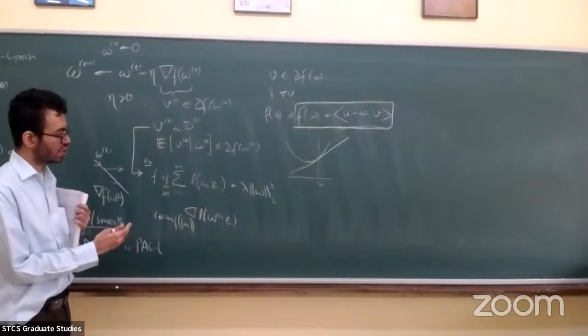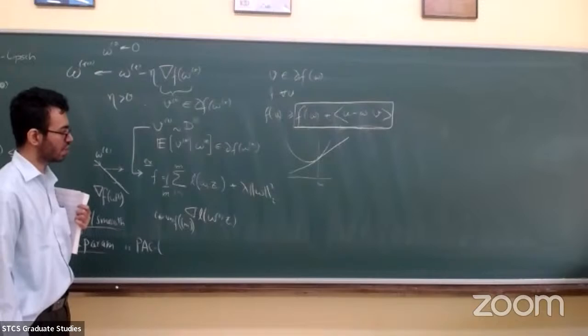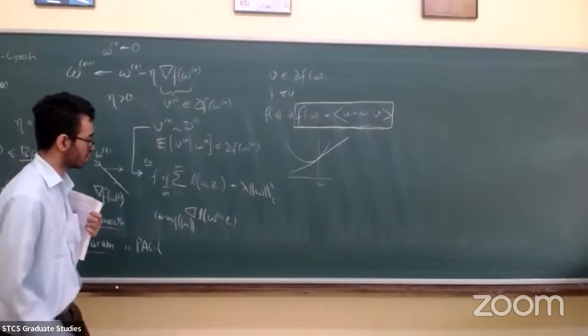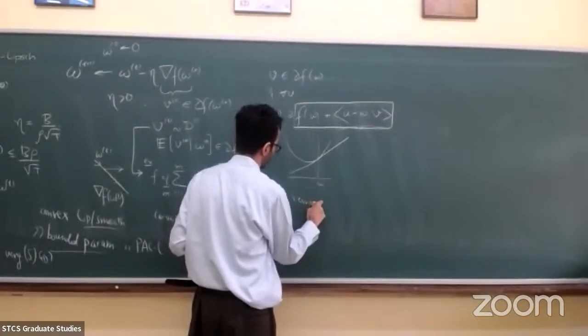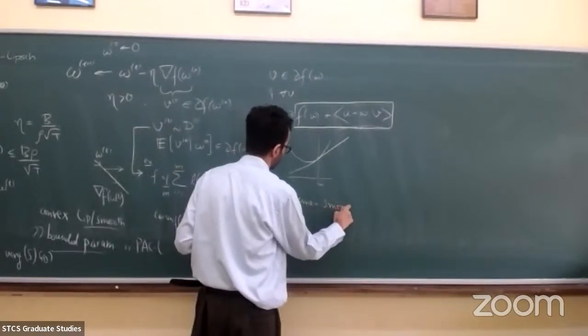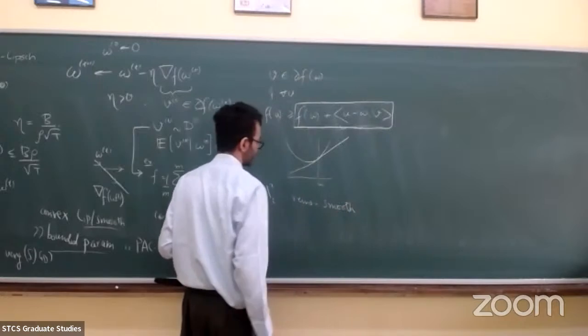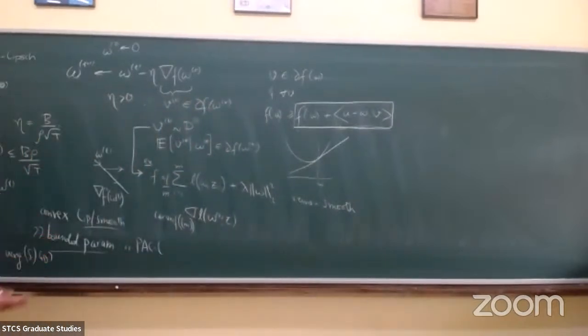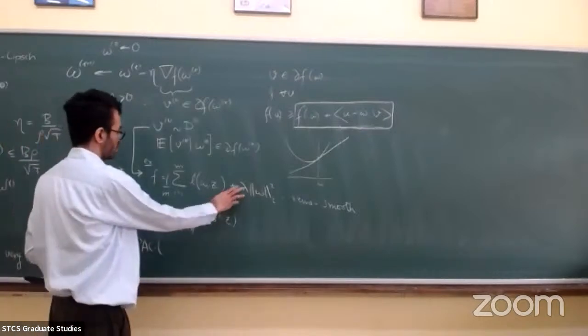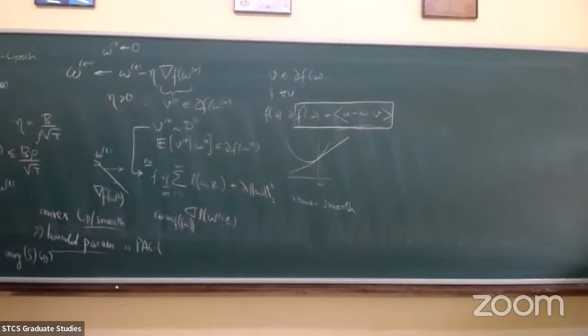We'll talk about that in a bit. So this will remain smooth. Starting this will not destroy smoothness, and therefore we can still use this machinery, provided we have analyzed it for a smooth function. So all this can be done.